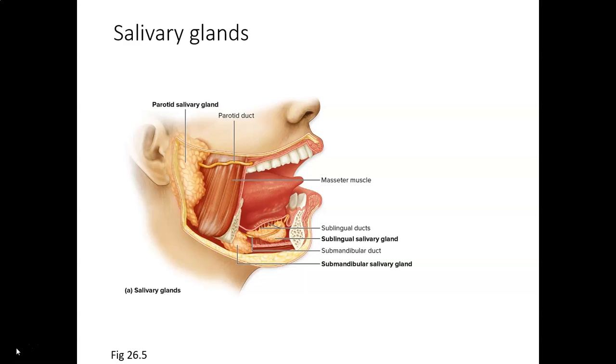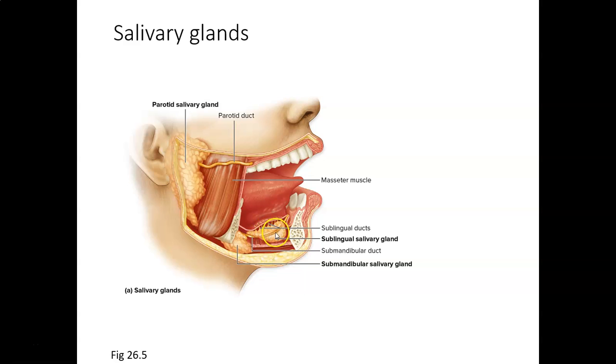This diagram only shows the salivary glands. The biggest salivary gland is behind your cheek, the parotid salivary gland, drained by the parotid duct into your mouth. The two smaller salivary glands are both under your tongue.